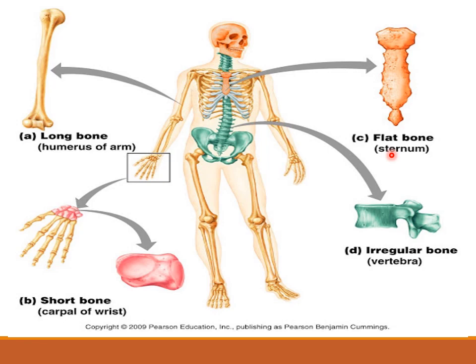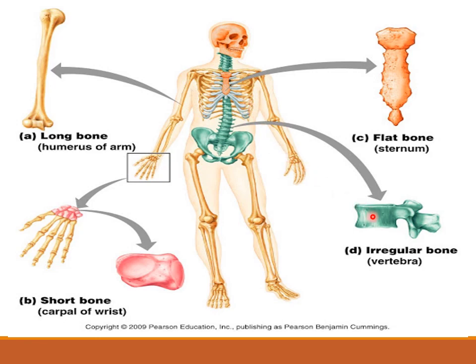The flat bones are the sternum, the scapula, and also the ribs. The ribs actually have a nutrient artery as well. So all the rest of the flat bones receive periosteal blood vessels, but the ribs, along with the periosteal artery, also have a nutrient artery.